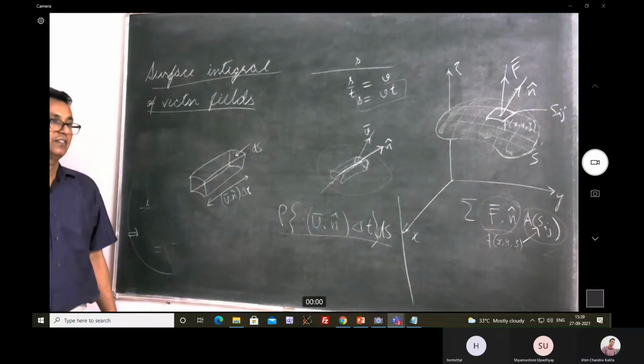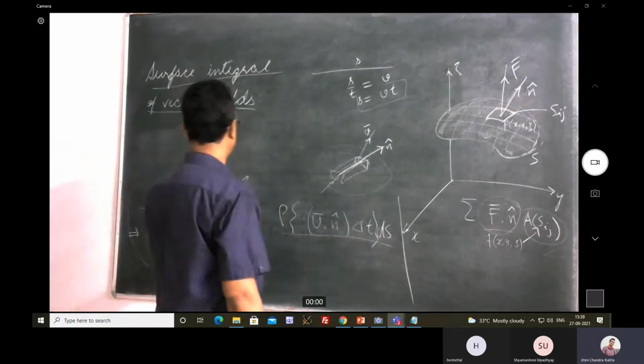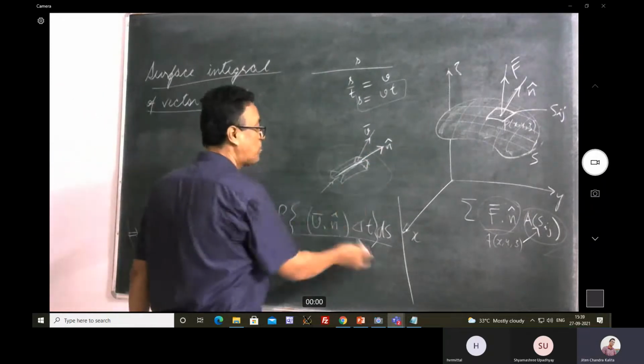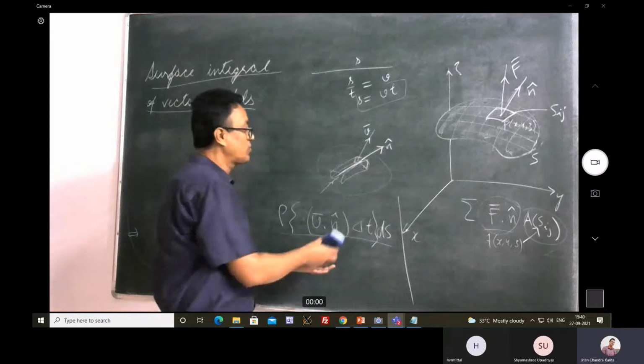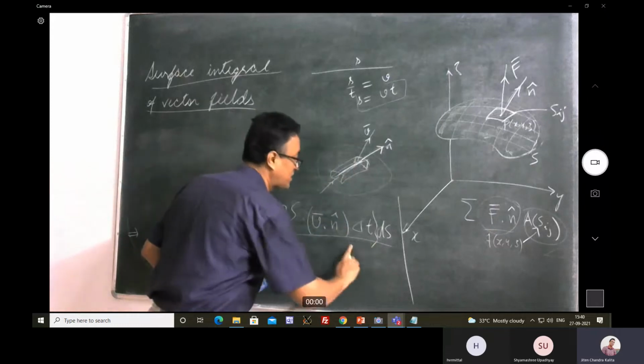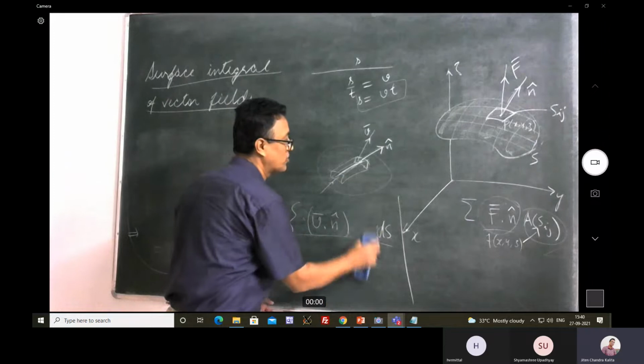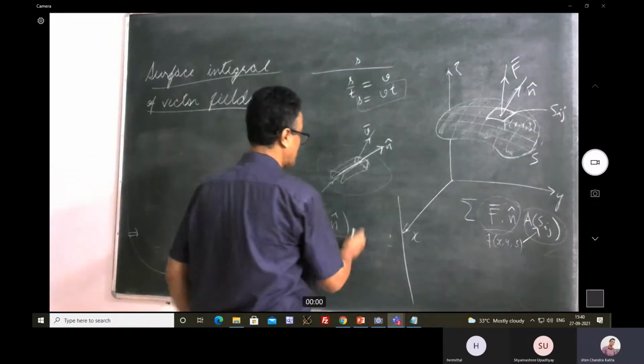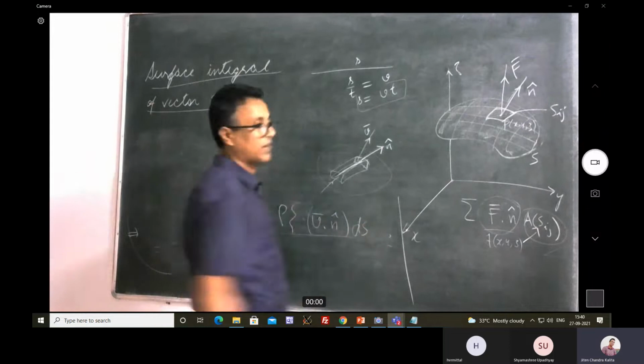Right? Is it okay? So the mass of the fluid contained in this column per unit time is going to be given by this divided by delta t. So it is simply going to be given by this.